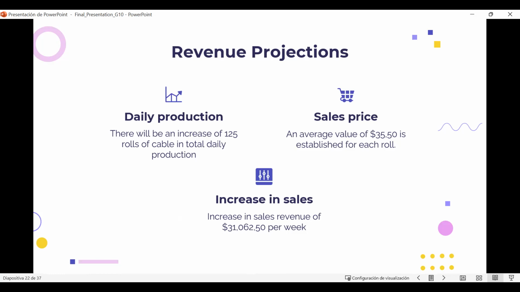However, this is not the profit, since several costs of raw materials and other production costs must be subtracted from it. Even so, the return of investment is estimated at approximately 2 years. Next one, please.